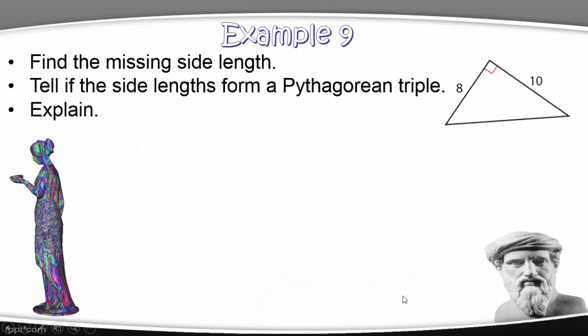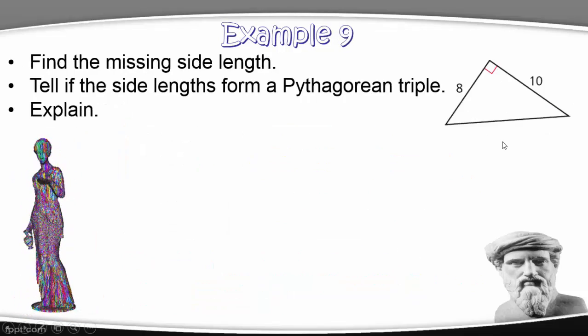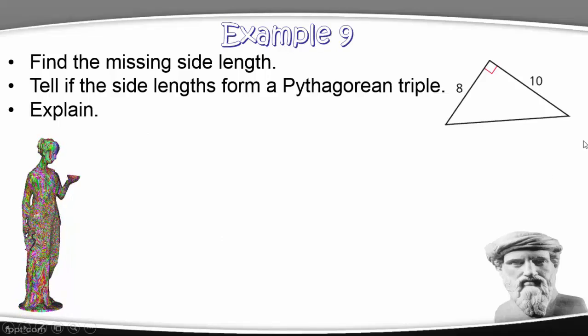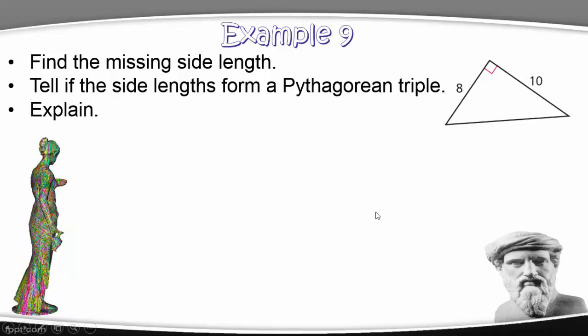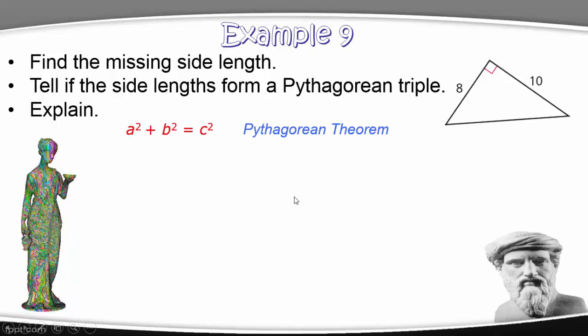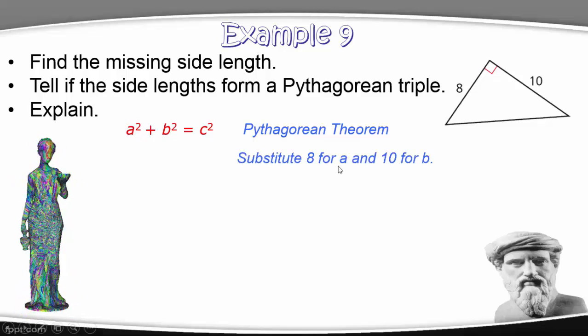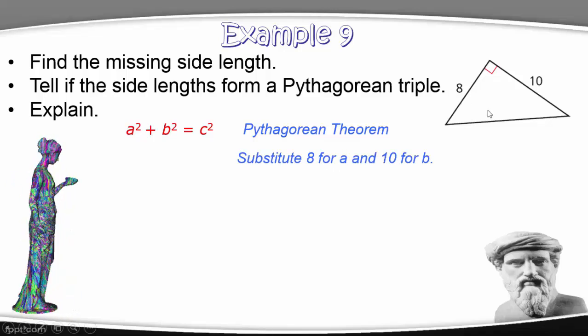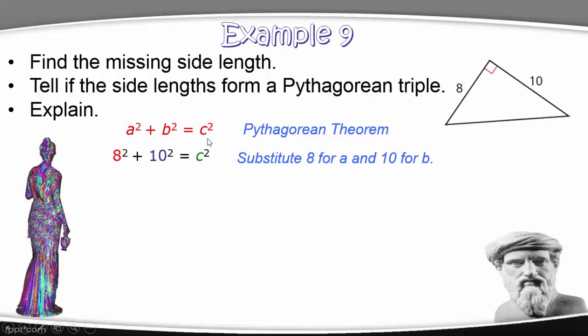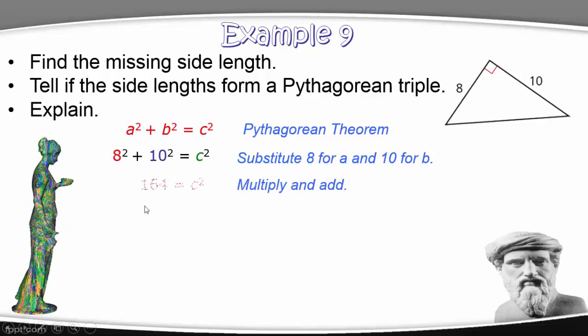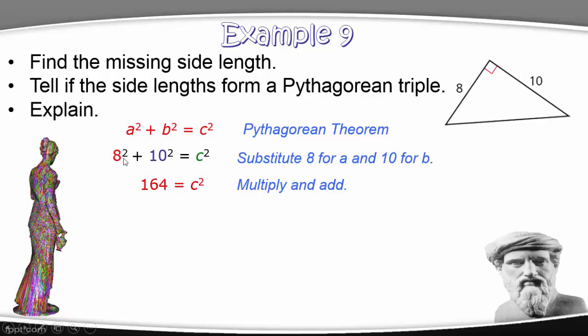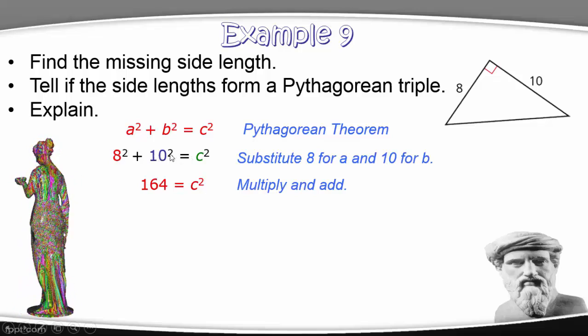number. In example number 9, here we're going to find the missing hypotenuse, or C. So we're going to go about it in our usual way. We're going to plug in the legs, and solve for c squared. And we're going to take the square of those. So this is 64, and this is 100.